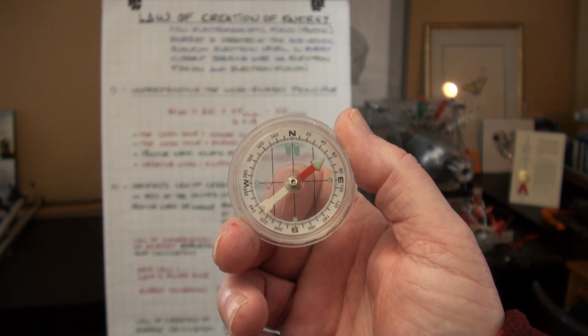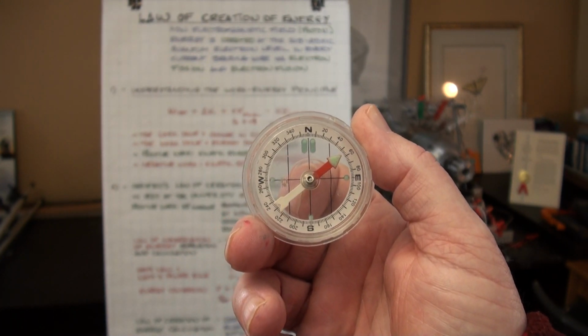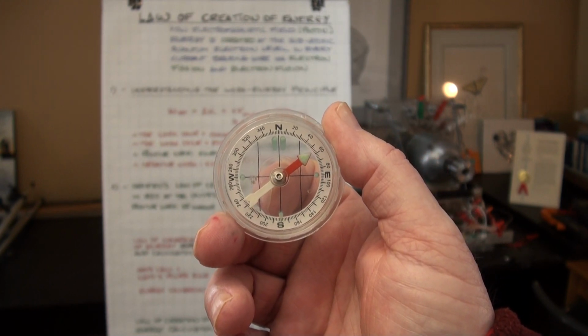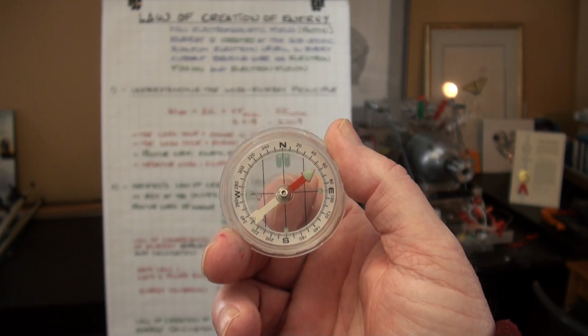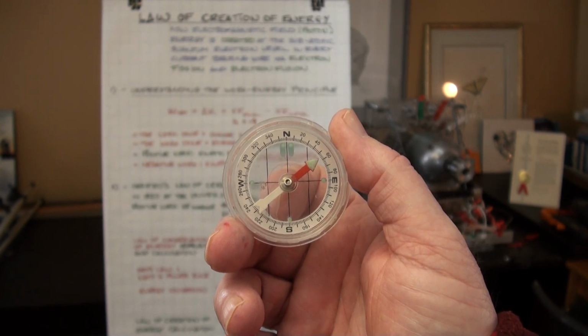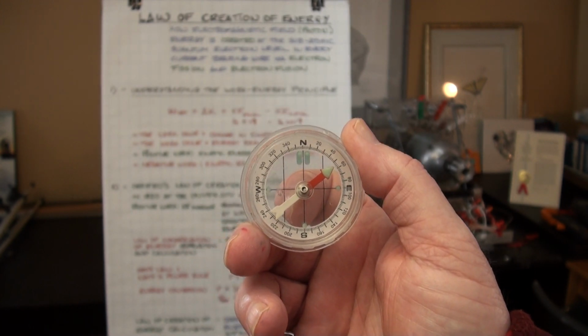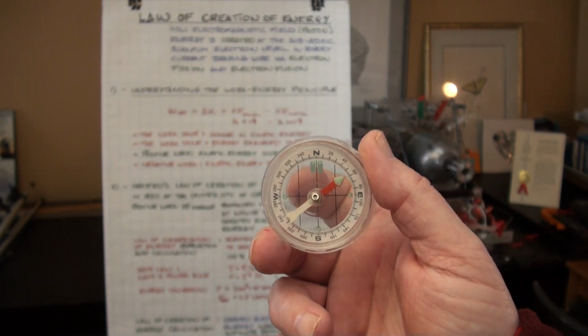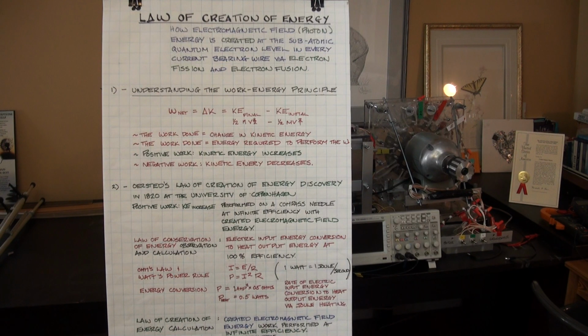You need energy to change the kinetic energy of the compass needle, which is currently 0, through an increase in kinetic energy, which is what Ørsted did with electromagnetic field energy.